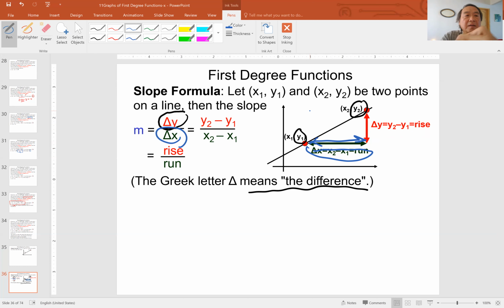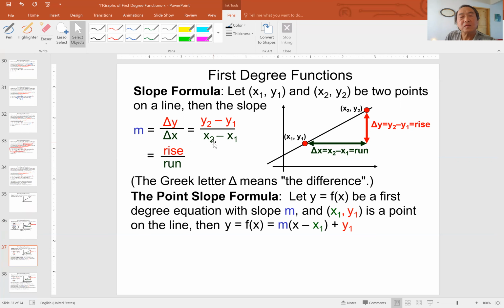Then you take the ratio of these two numbers, delta y divided by delta x, or rise over run, another way to say it. Or if I use the explicit formula, that's the formula. So it's the ratio between the change in the height and the change in the horizontal distance.